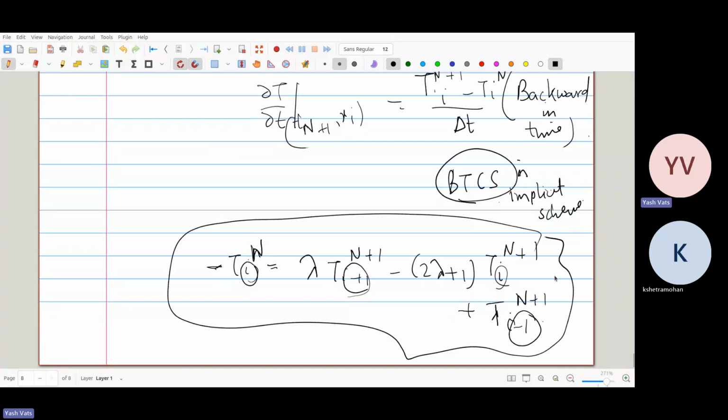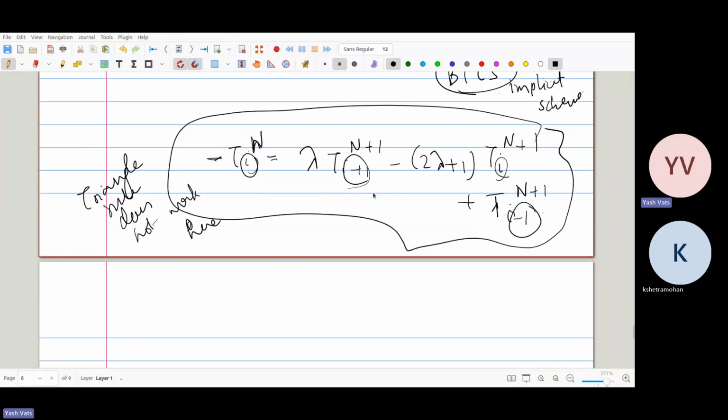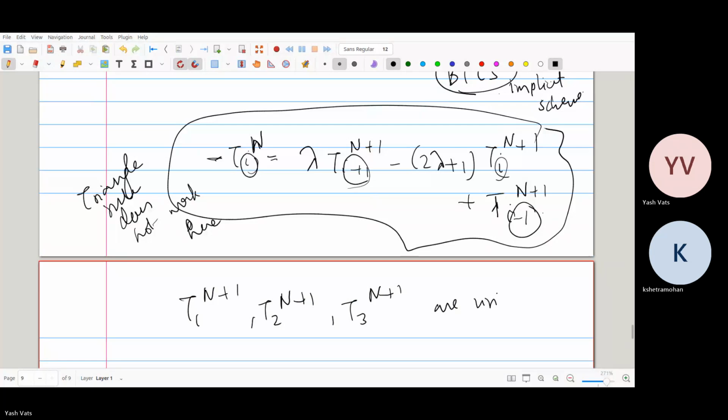So how do you find it? The triangle rule doesn't work here. How do you solve it now? T1^{n+1}, T2^{n+1}, T3^{n+1} are unknowns.